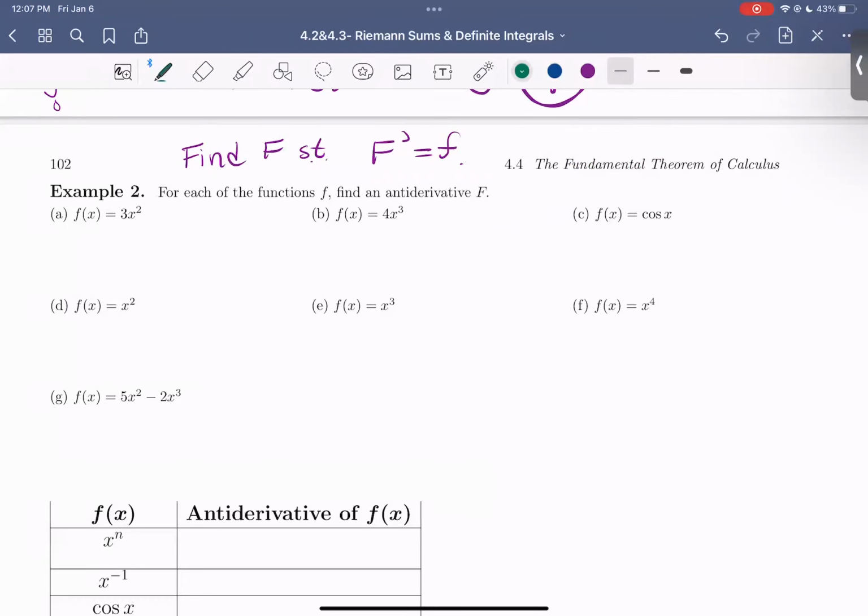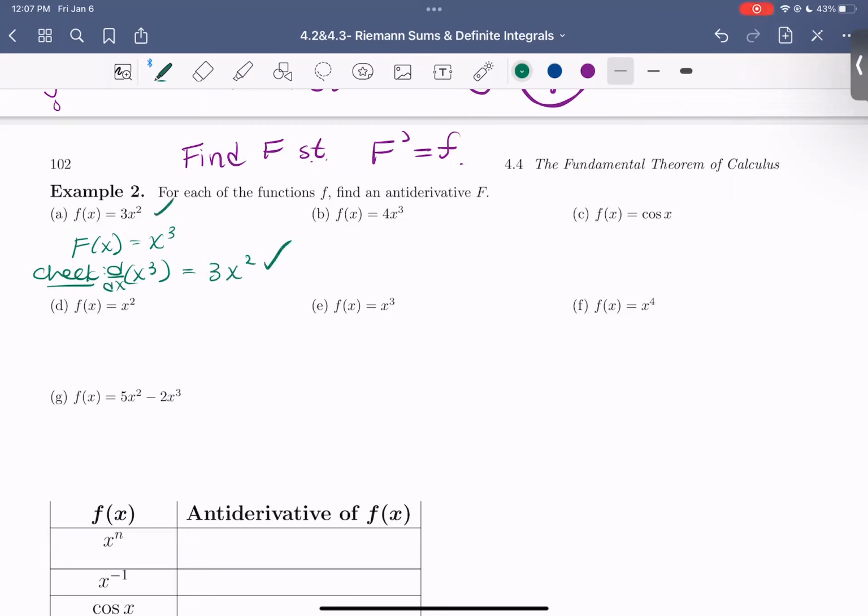A function whose derivative is 3x squared. Well, if we started with f of x equals x cubed, could that be an antiderivative of 3x squared? Yeah, well, let's check. How we check is compute the derivative of x cubed. The 3 comes down, and we subtract 1 from the exponent.